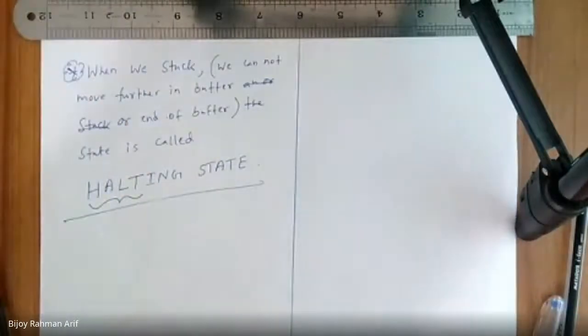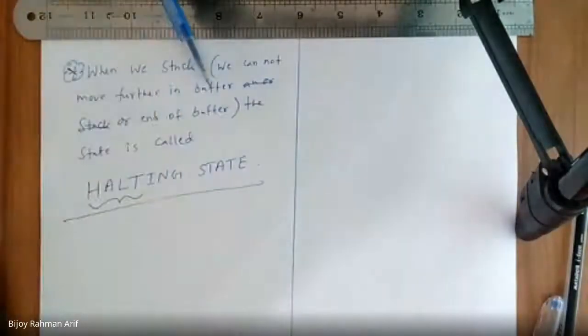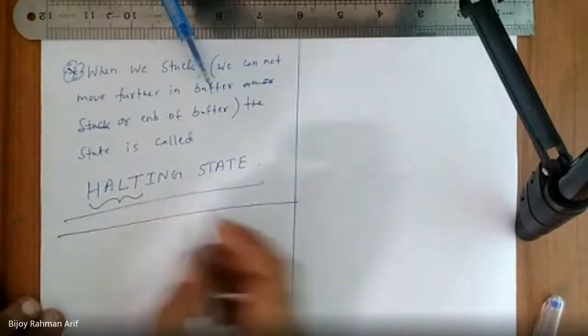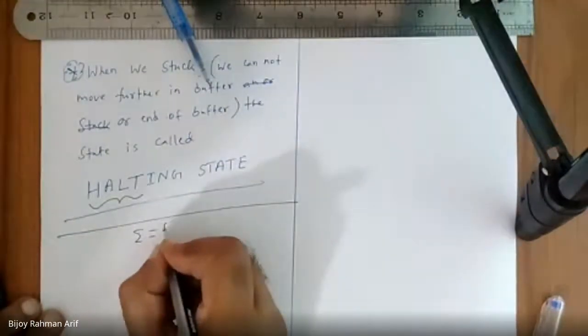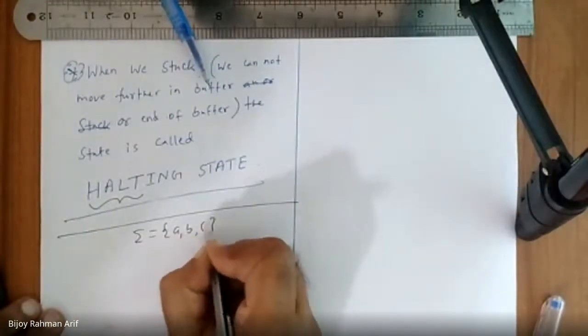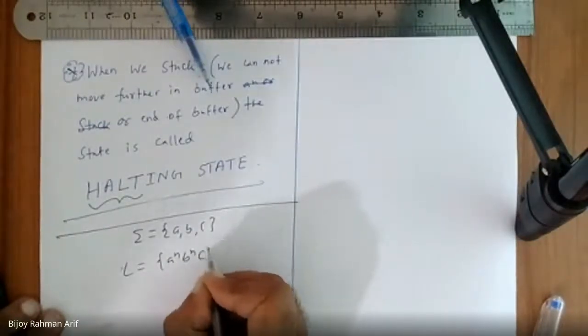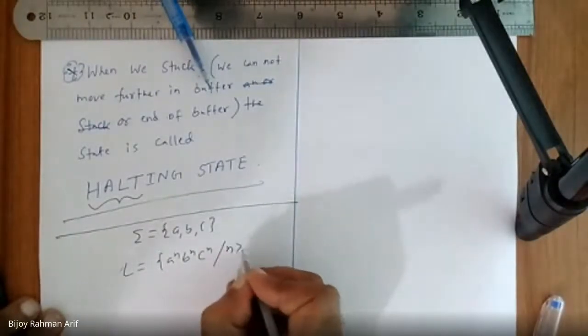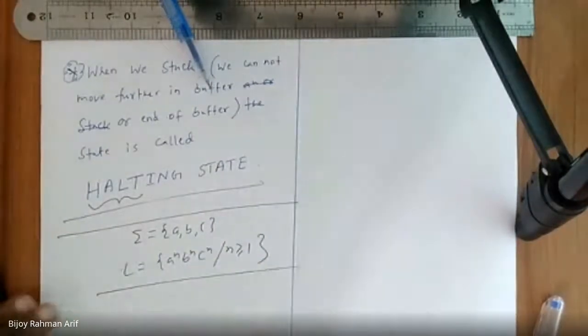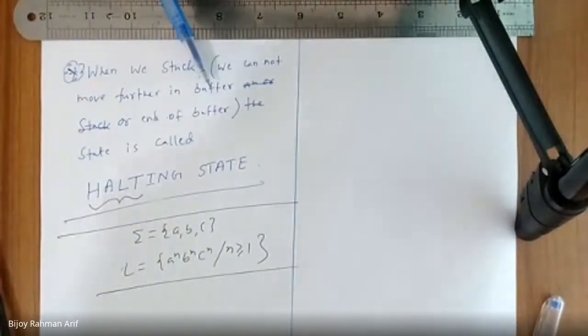How about this: my alphabet is A, B, C. My language is a^n b^n c^n, where n is a natural number. How can you accept this one? Tell me. Is PDA enough?